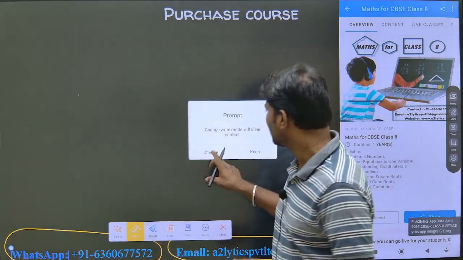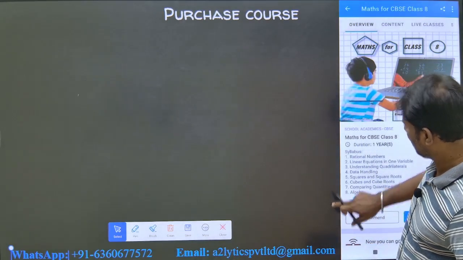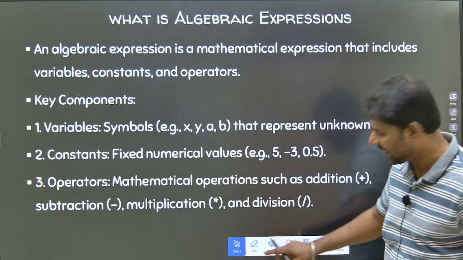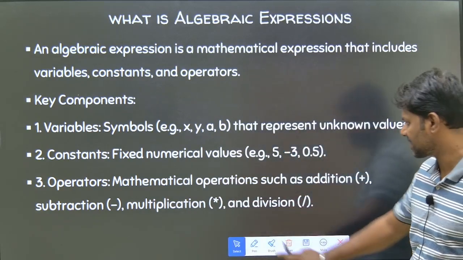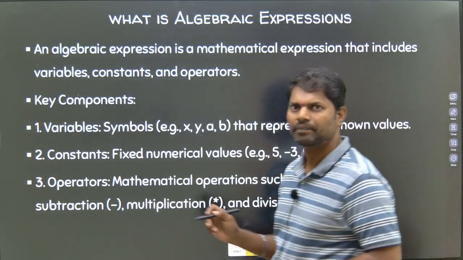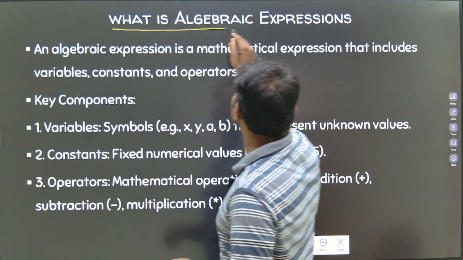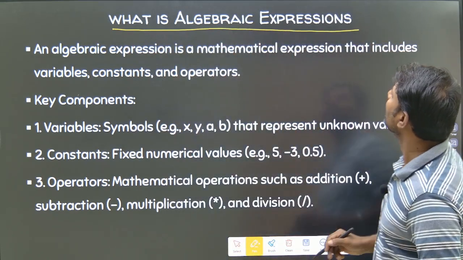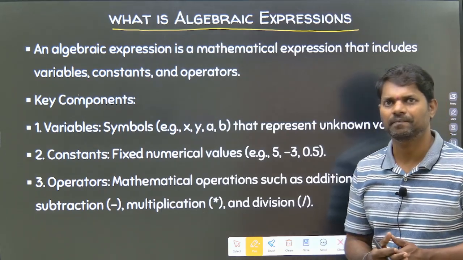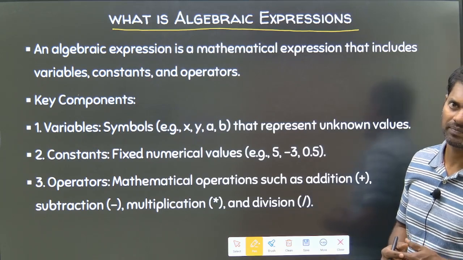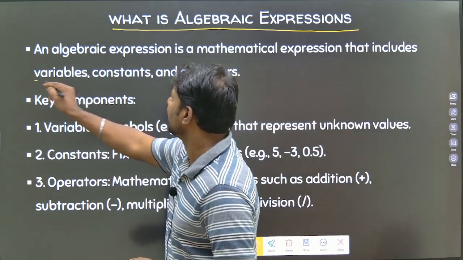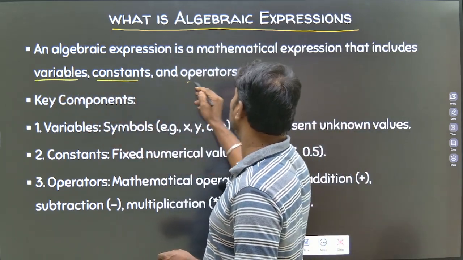Now let's start our today's content, that is chapter number 8, Algebraic Expression and Identities. So first of all, let's see what is an algebraic expression. Algebraic expression is a mathematical expression which contains three things: variables, constants and operators.